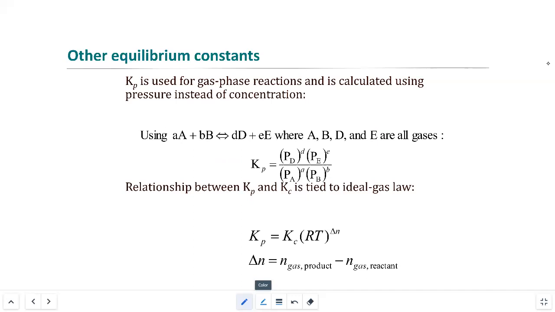Another common one is Kp. Kp we will find when we are dealing with reactions that are exclusively in the gas phase. So if I have a reaction where all of the substances in the reaction are gases, oftentimes it is easier to measure the pressures of those gases rather than trying to figure out their concentrations.